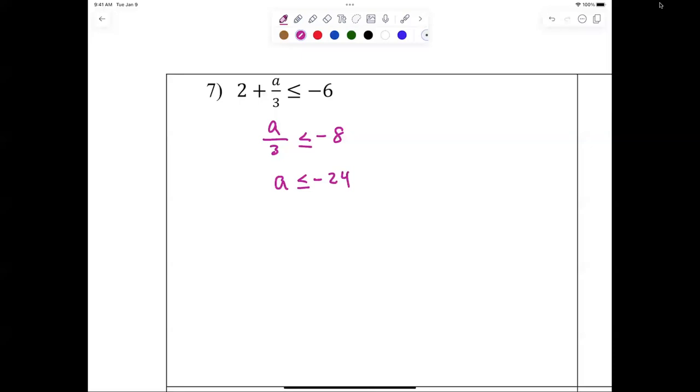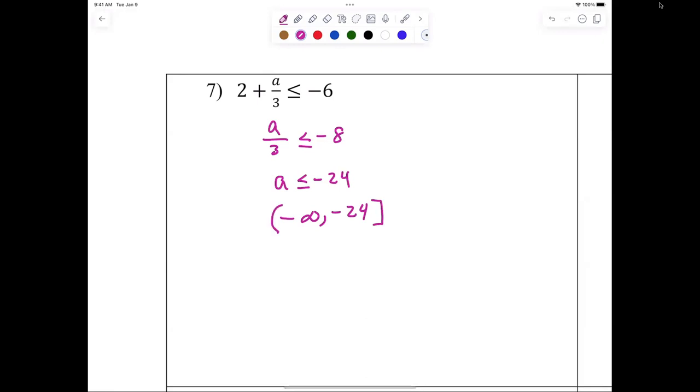That means I'm heading towards where? I'm heading to negative infinity. So I'm going from negative infinity all the way up to what? And then I stop. Do I include negative 24? Is negative 24 included? Yes, that's a bracket.